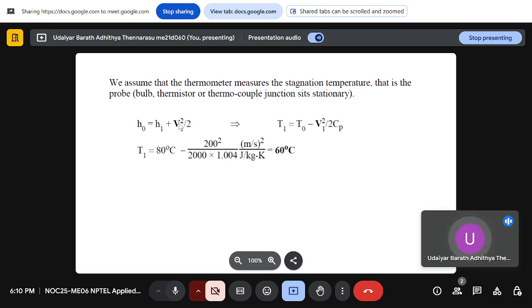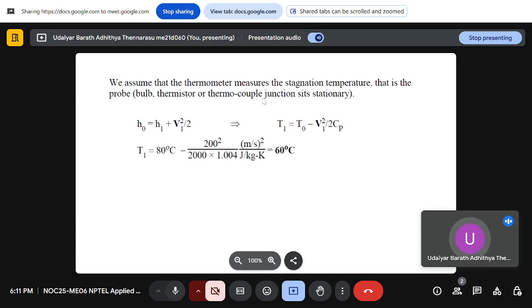We know velocity, we know the stagnation temperature. Assuming an ideal gas, writing H as CpT, you can write T1 equals T0 minus V1 square by 2Cp. Then we can find out T1.